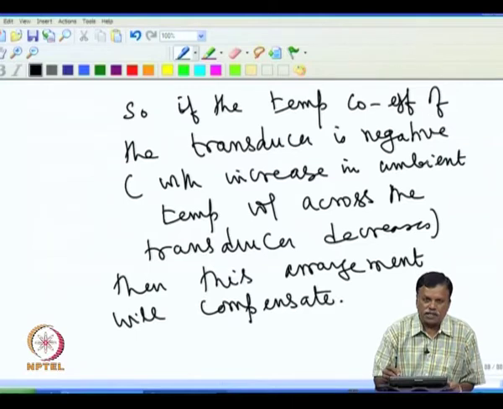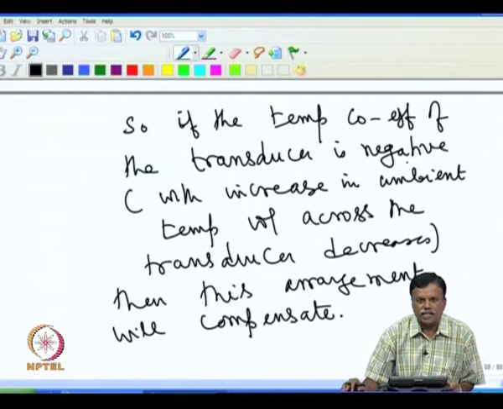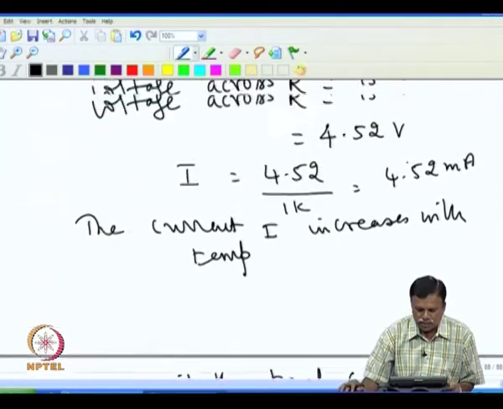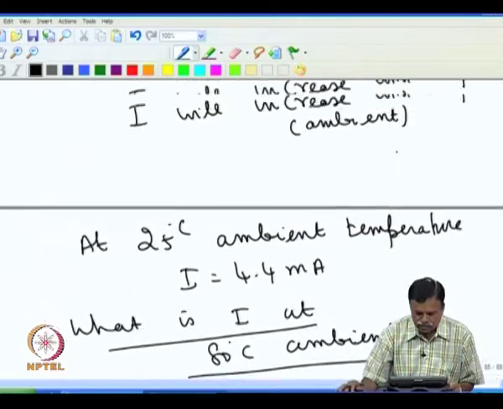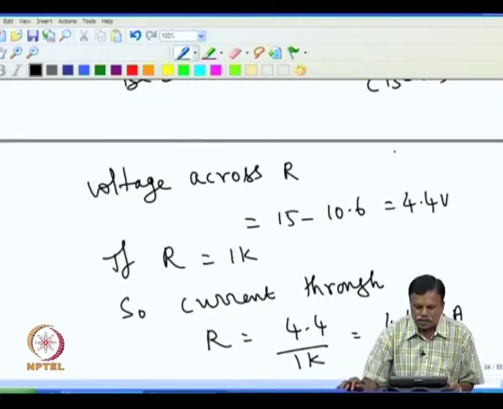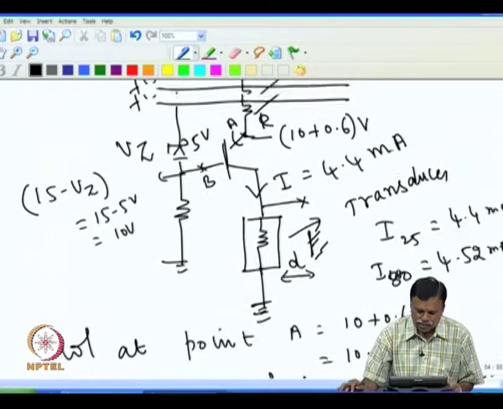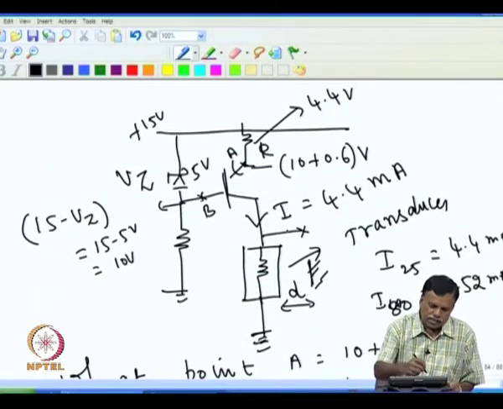So, the decrease will be compensated by the increase in current. One can select the values correctly such that the decrease that you are getting across the transducer is exactly compensated by the increasing current.